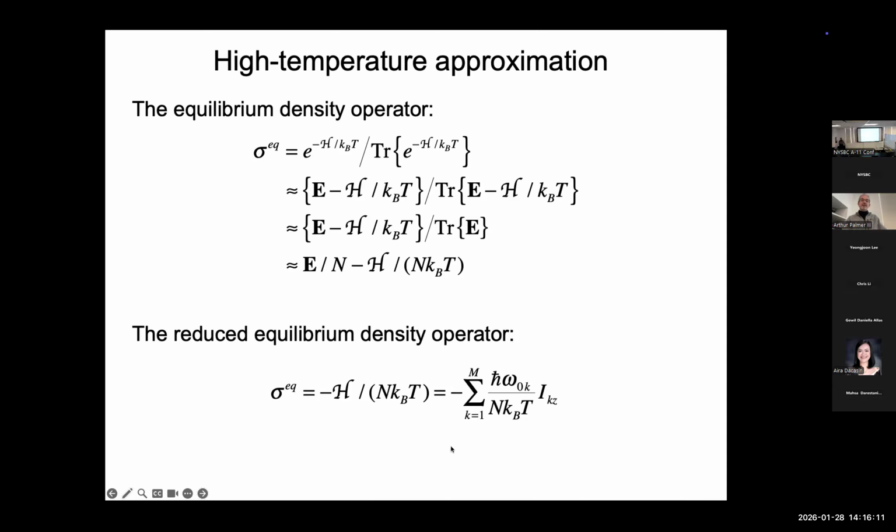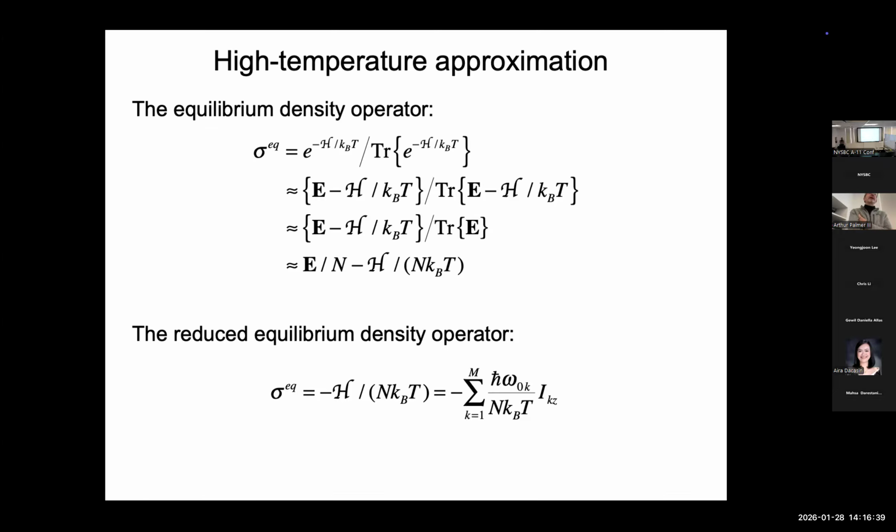Well, that's good. So now we have the equilibrium density operator. We start with something that depends on the Z components. And that's nice because if we turn on an X pulse, we know how IZ rotates. So we can say we have equilibrium magnetization on the Z-axis. If I turn on a 90-degree pulse along X, that magnetization is going to end up on minus IY after the pulse.